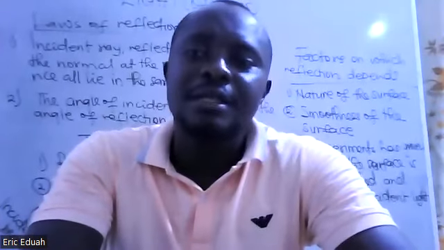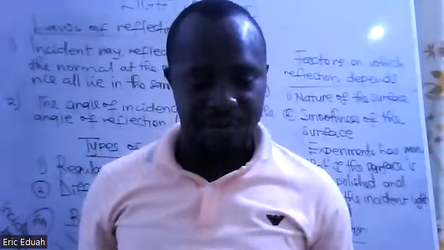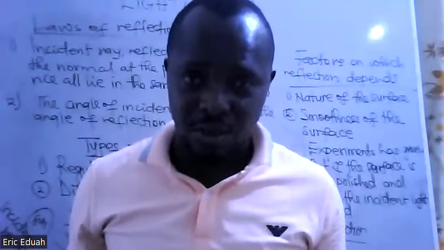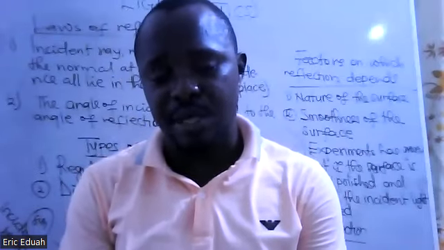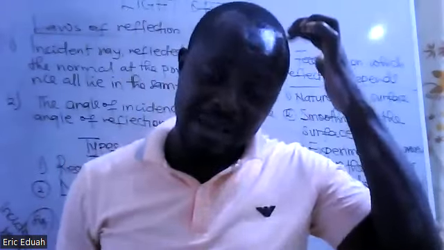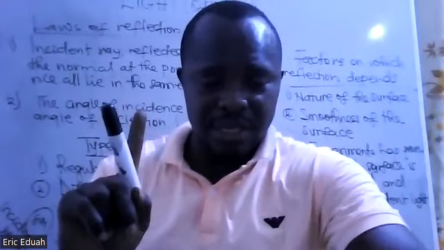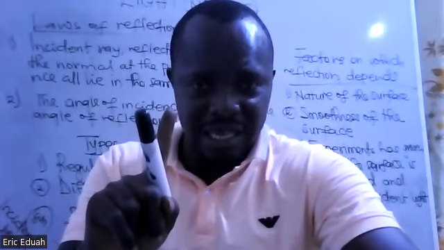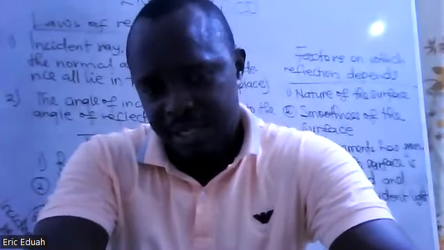The disadvantage of diffuse or irregular reflection is that no image will be formed, be it virtual or real image, but it has some advantages. At least we can talk about a very important advantage of irregular reflection.